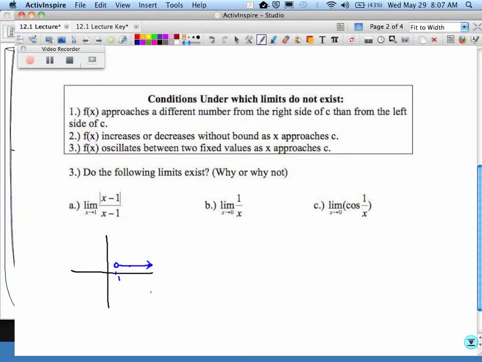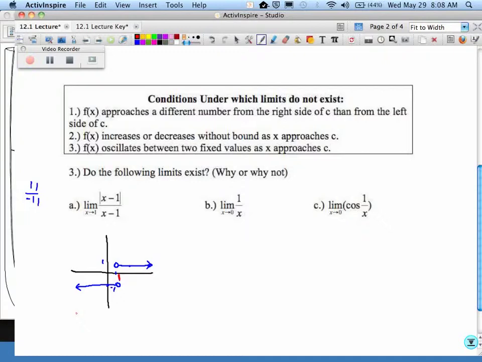What's the absolute value of negative 11? 11. So on this side, what do you get for outputs every time? Negative 1. So this is up at 1 and this will be down here at negative 1. But when you try to plug in the 1 again, I should maybe make that red, you're trying to approach 1, but you can't use it. It'll error out on the function.